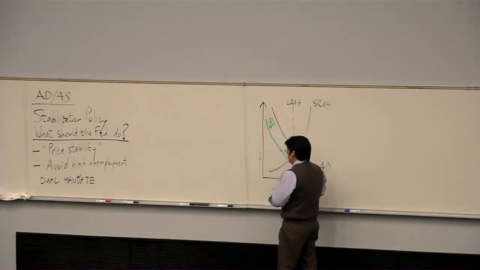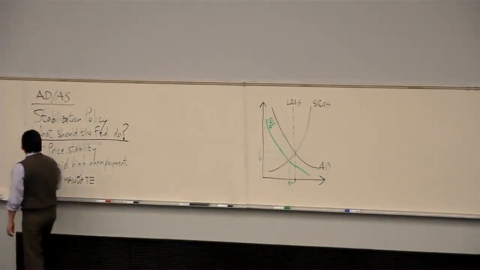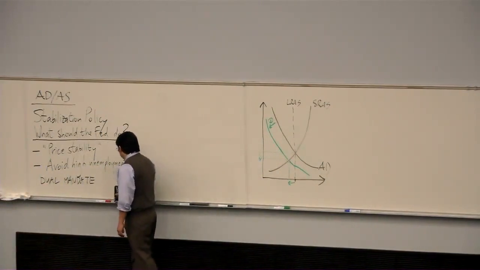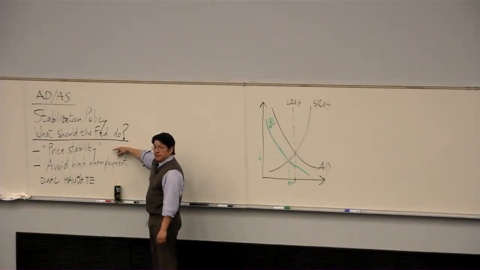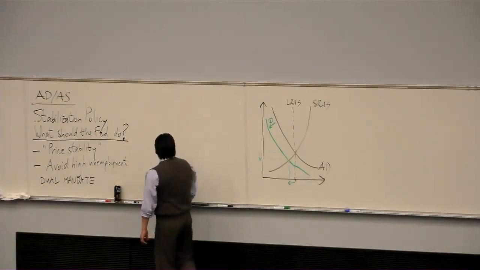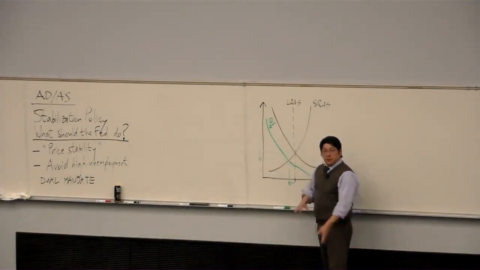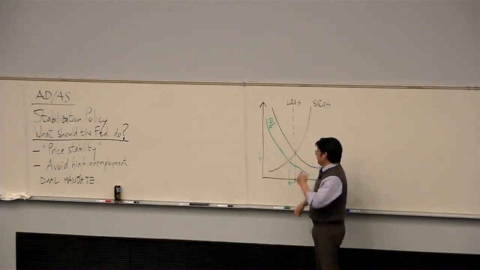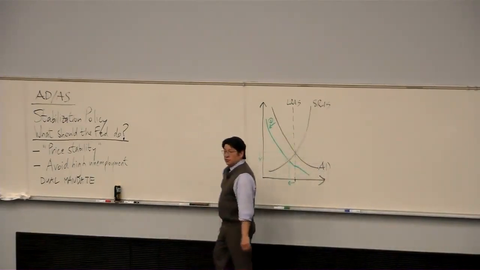So in the face of this situation, what is the Fed supposed to do? Well, let's see what the Fed is supposed to do from the perspective of price stability. What do we want to do to stabilize prices and push them back where they would have been before? First, we have to take a step back and remember what the tools are that the Fed has to try and achieve either of these goals.